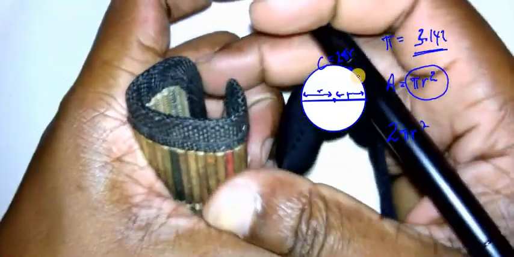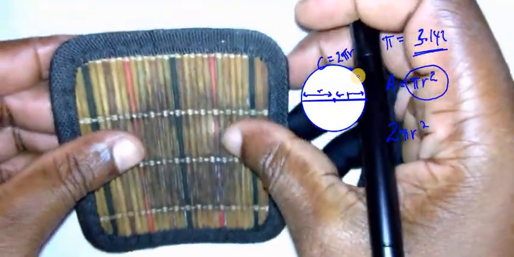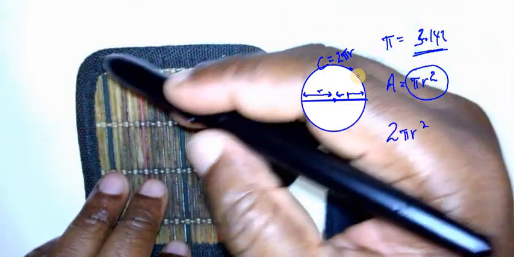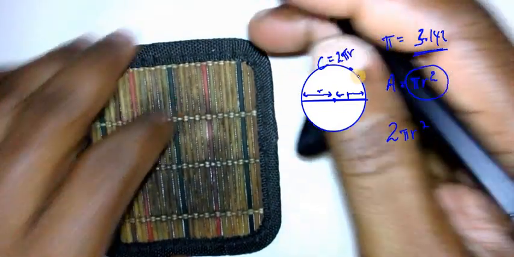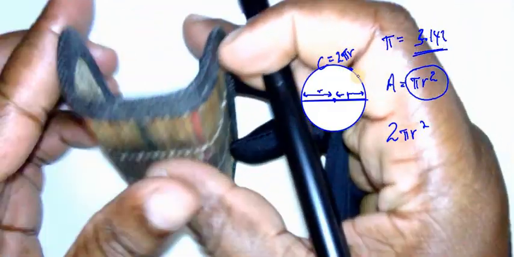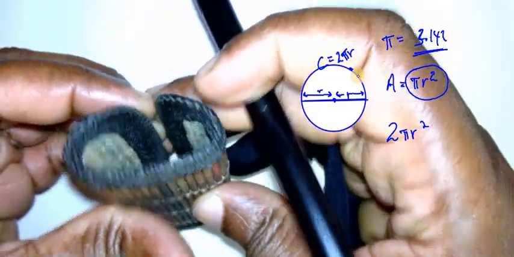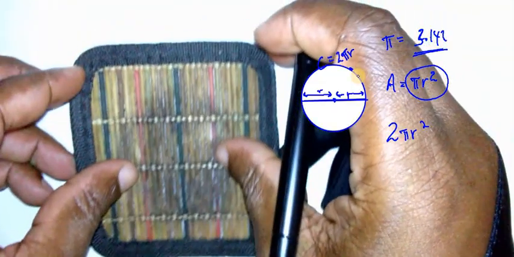And so when I open it like that, just imagine what we have there is a rectangle. So imagine we have a circle created, like a curved surface area going right around as a circle. And when I open it, we actually get a rectangle.